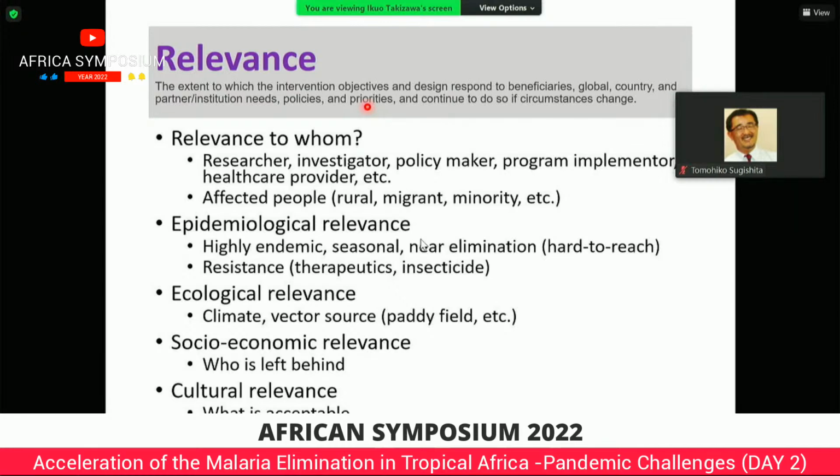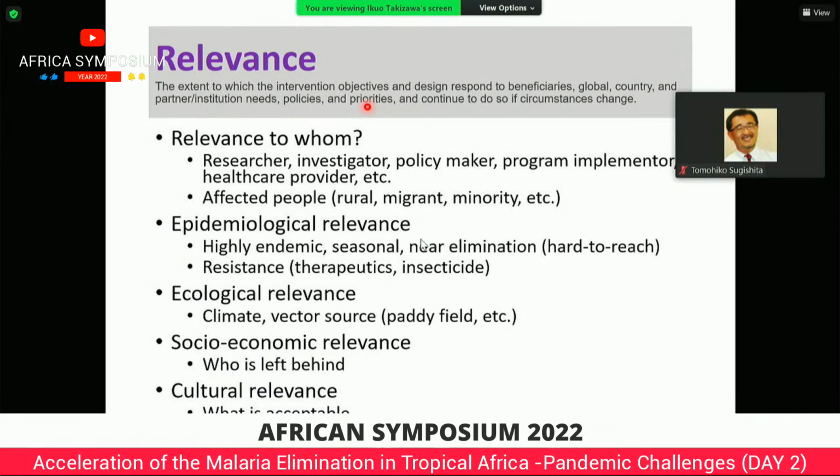But according to recent studies, the paradox does not exist anymore, and the communities with paddy fields have a higher risk of malaria. Because JICA, as a development agency, is promoting rice cultivation in many countries in Africa, we are really concerned about paddy agriculture becoming a risk for malaria prevalence.